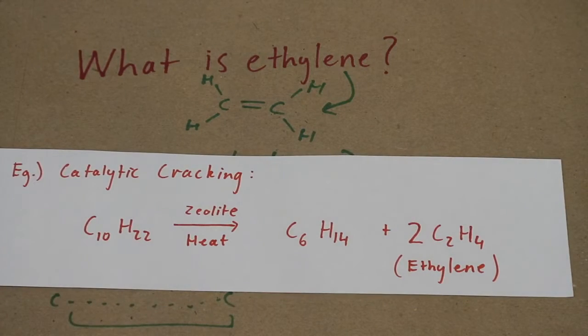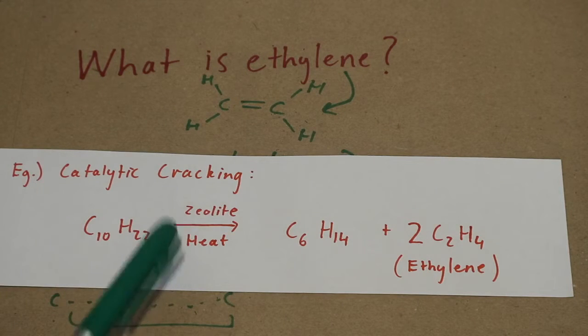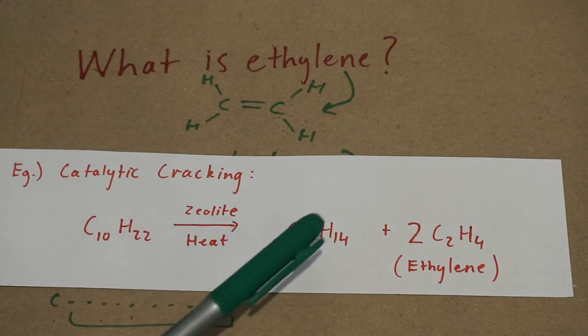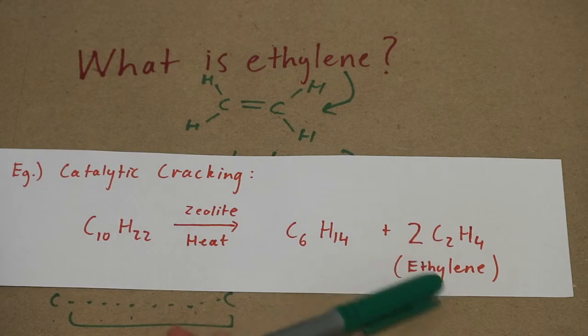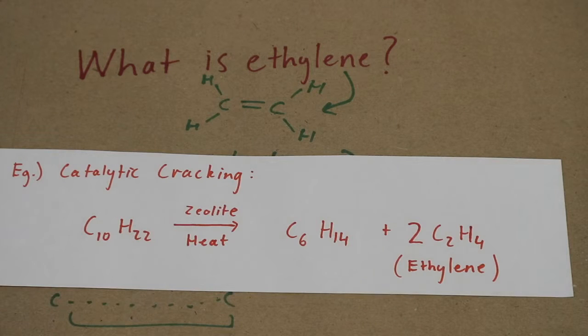You may or may not be required to produce an example, but decane is usually a pretty easy one to remember, so commit this one to memory. We have decane in the conditions of a zeolite and high temperatures will break down into hexane and 2 molecules of ethylene. So that's the balanced equation for it.